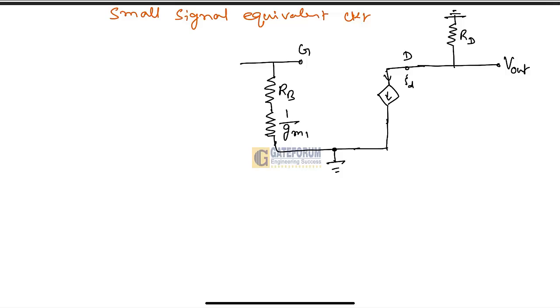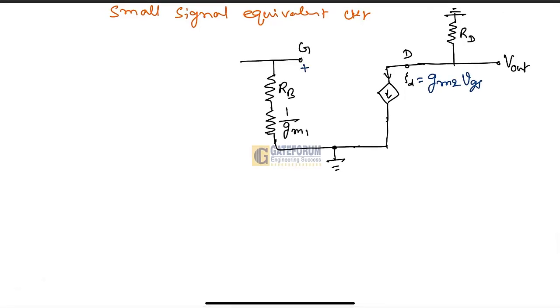For the M2 transistor, the drain current is ID = gm2 VGS. So what will be the VGS? This is the gate, this is the source. This is the voltage that appears, called the gate-to-source voltage for the M2 transistor.